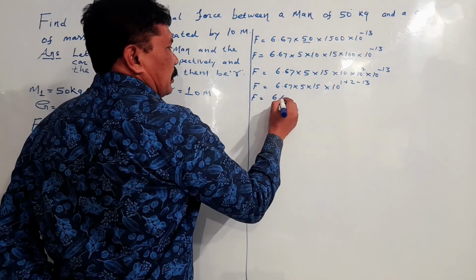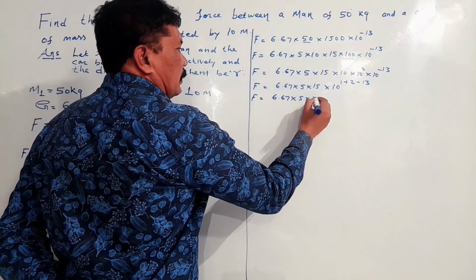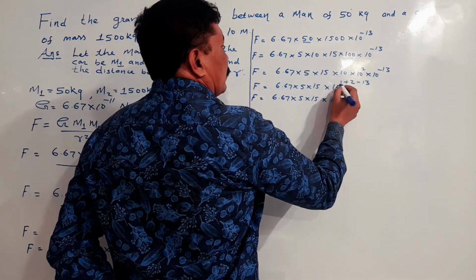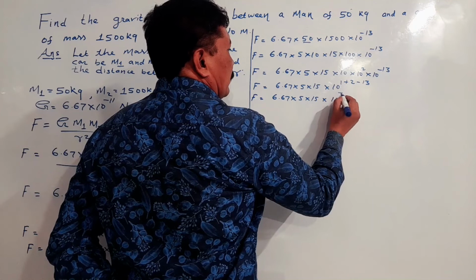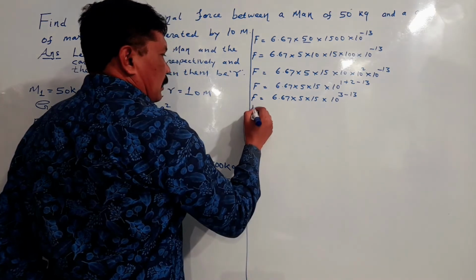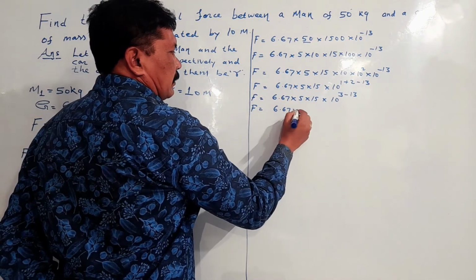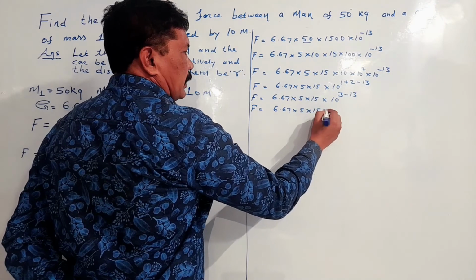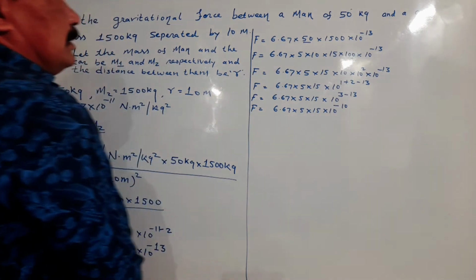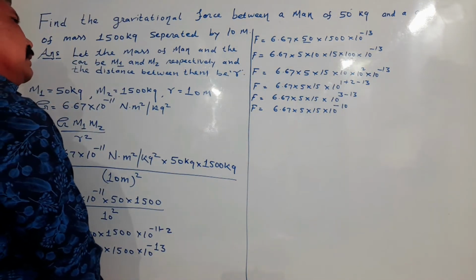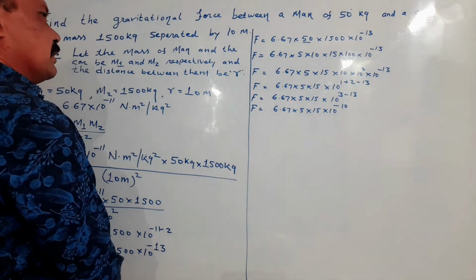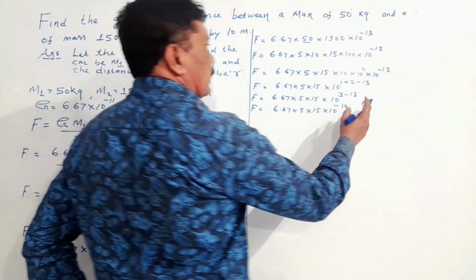F is equal to 6.67 into 5 into 15 into 10 to the power 3 minus 13. F is equal to 6.67 into 5 into 15 into 10 to the power minus 10. 13 minus 3 we will write 10. 13 is the greater number. Sign is minus. We will take here minus.